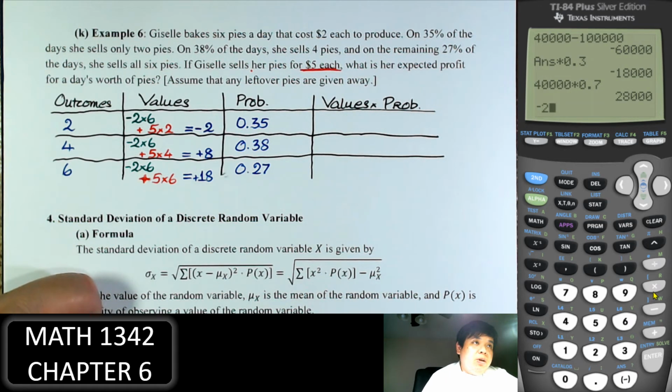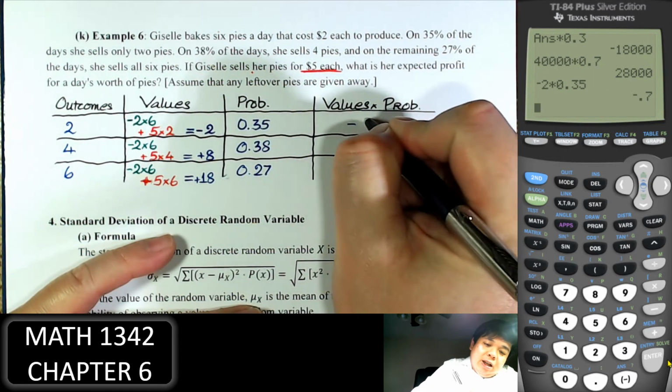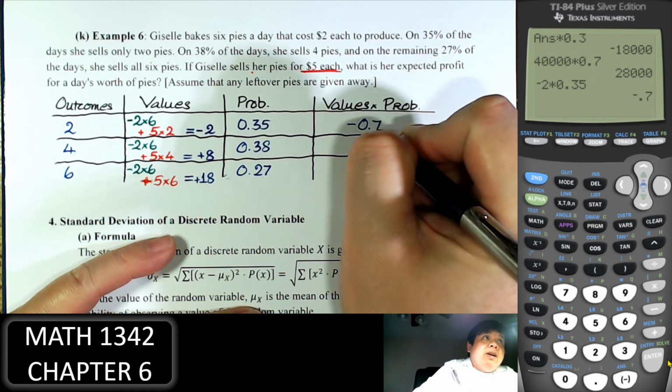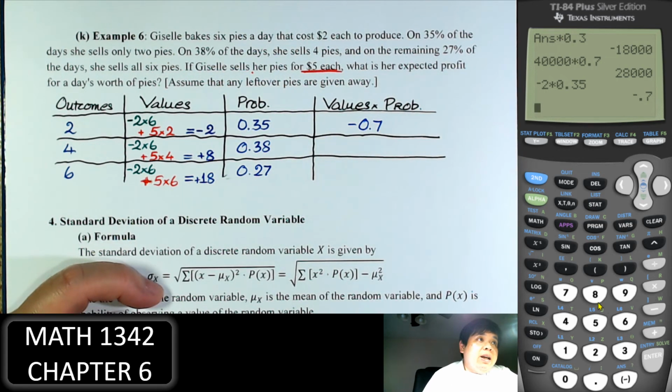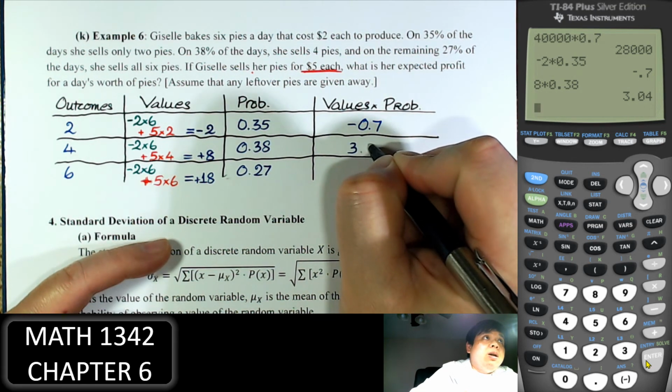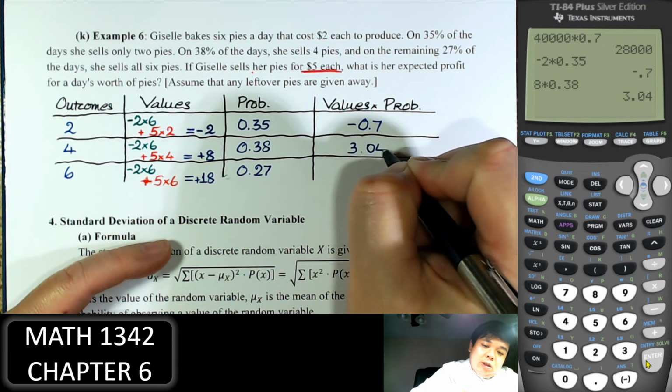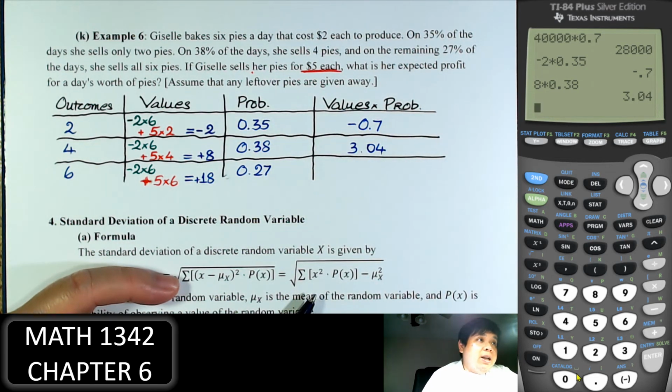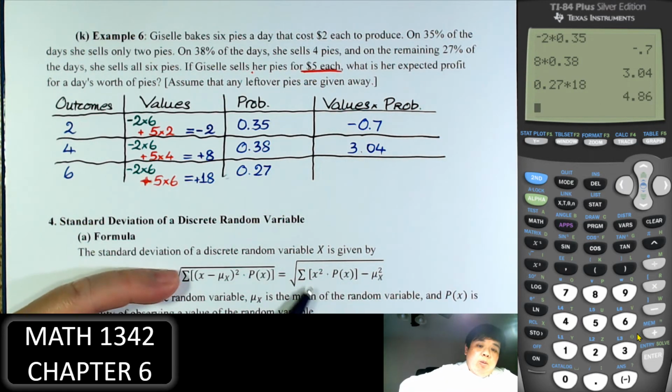-2 times 0.35, -0.7; 8 times 0.38, 3.04; and 0.27 times 18, 4.86.